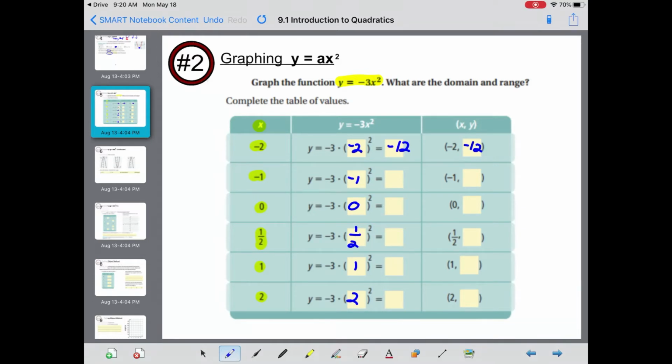So your first point is -2, -12. -1 squared is 1, times -3 is -3. 0 squared is 0, times -3 is 0. 0, 0, the origin. 1/2 squared, so 0.5 squared is a quarter, or 0.25, and 0.25 times -3 is -0.75, or -3/4.